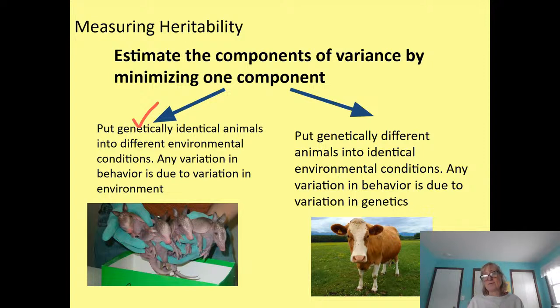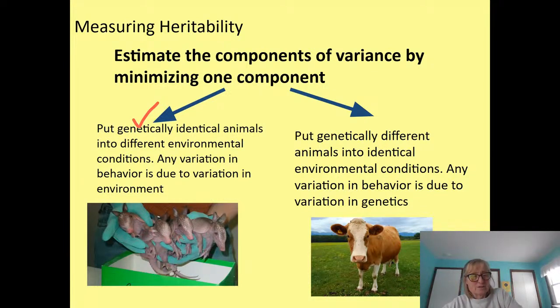And then later in life, we're going to look at some behavioral trait. We're going to look at curiosity, or fear, or aggression or something like that. And any variation we find then is not due to variation in the genes because they're all genetically identical, but is due to variation in their earlier environment, perhaps. That's one way to do it.